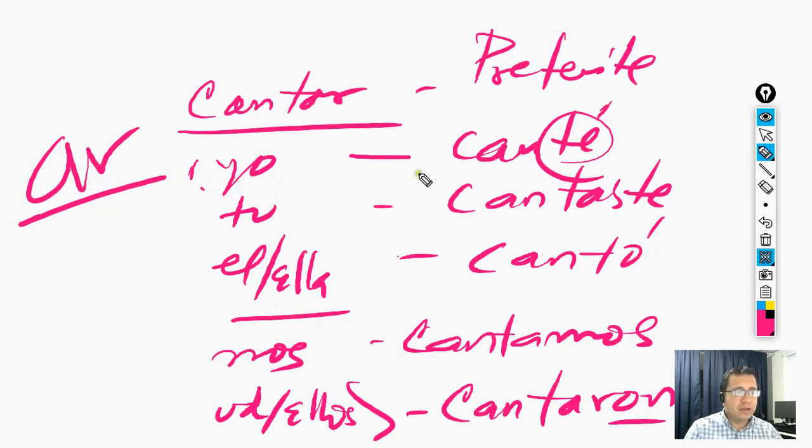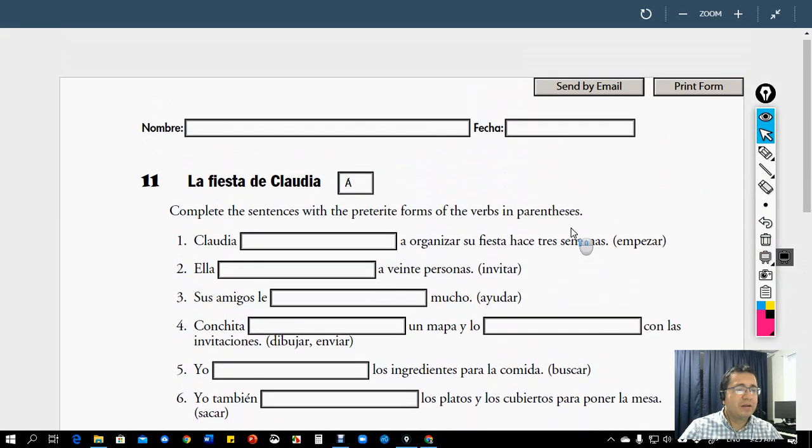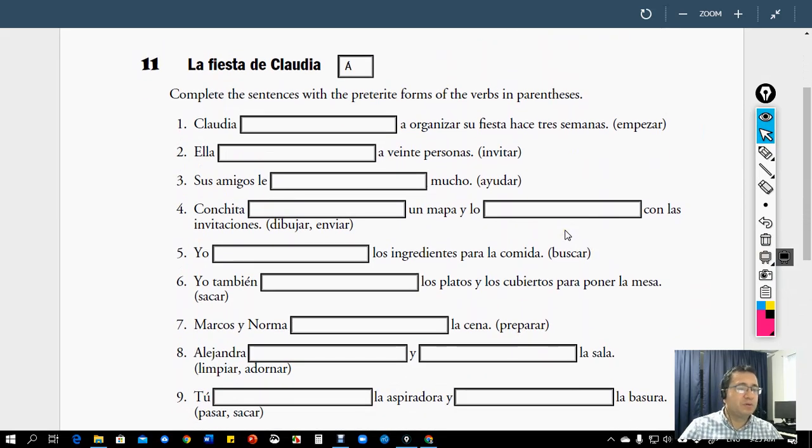If it's jugar, jugué. If it's tocar, toqué. If it's caminar, caminé. So every verb that we use in first person is going to finish in é. That's how it sounds. So yo buscar, yo busqué.